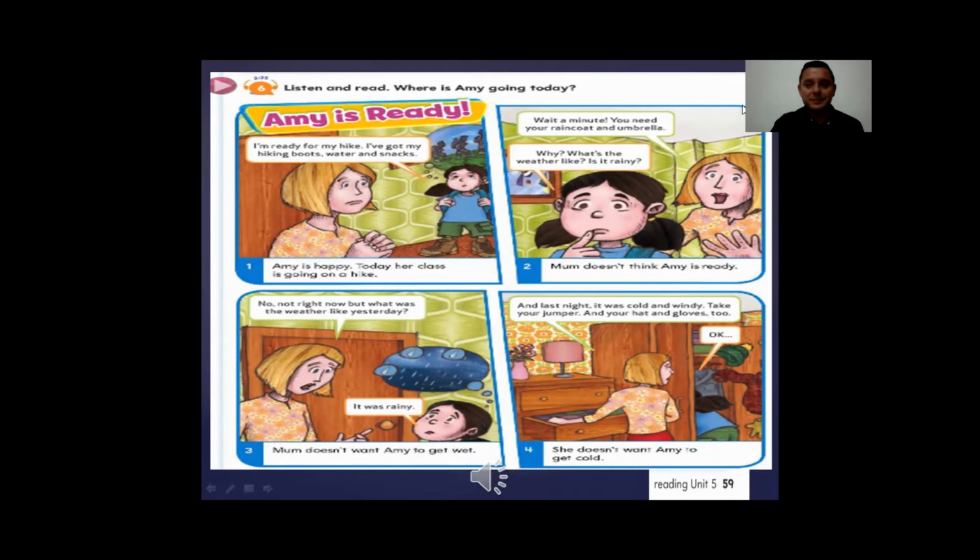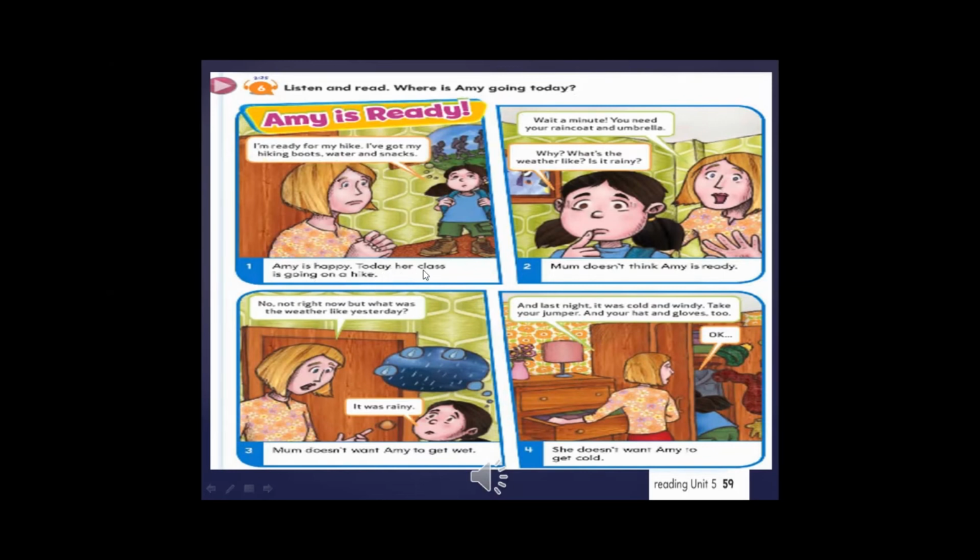Pupils Book, pages 58 and 59. Activity 6. Listen and read. Where is Amy going today? Amy is ready. I'm ready for my hike. I've got my hiking boots, water and snacks. Amy is happy.